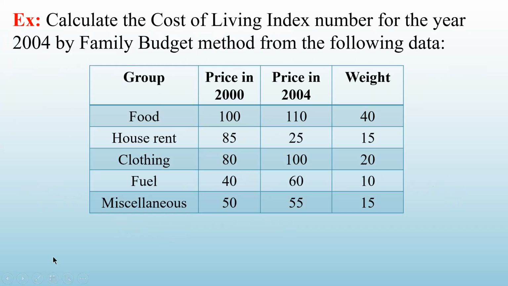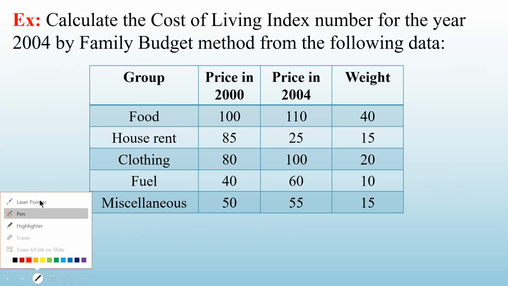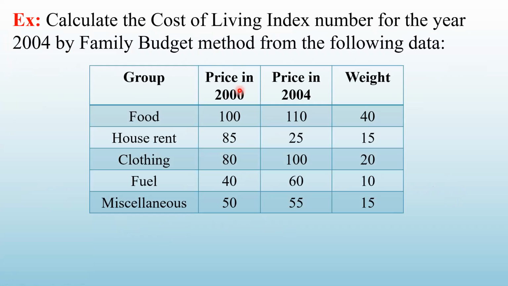Look at this data: you are given different groups and their prices in the year 2000 and prices in the year 2004, and the weights are given. So you will call prices in 2004 as P1. 2004 you will take as the current year and 2000 you will take as the base year.